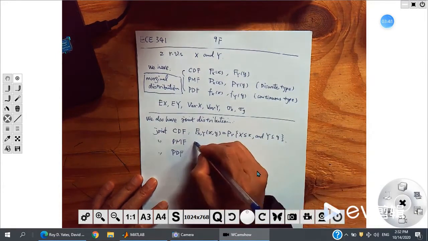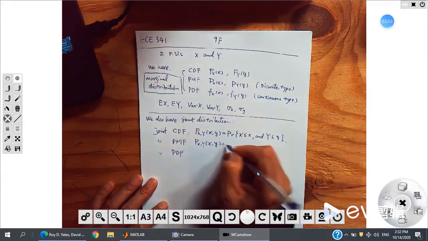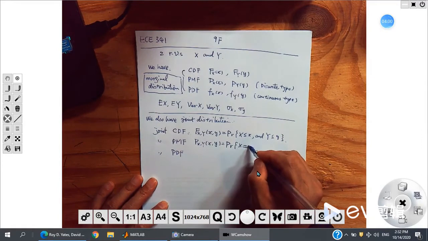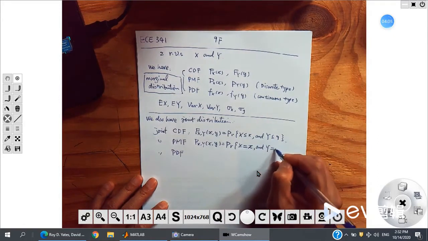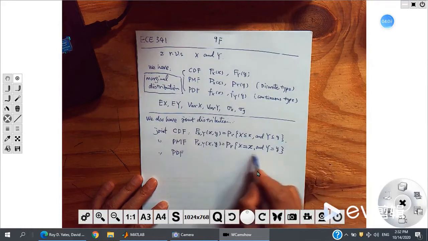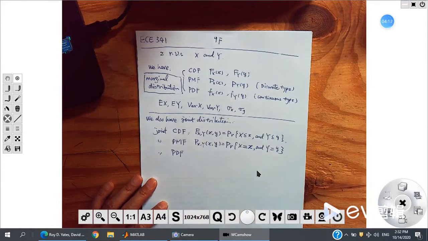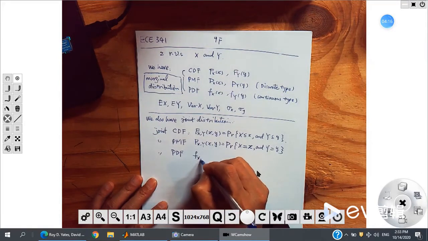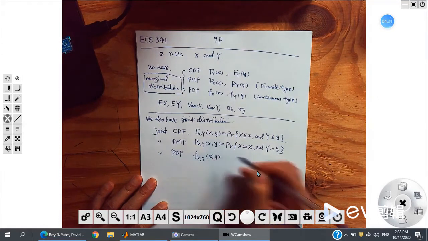And the PMF is similar to the CDF, just change the smaller than to equal. Smaller than or equal to, now it's just equal to. The probability gives us the value of this function p_XY. And then the PDF, denoted as lowercase f of x and y at value lowercase x, lowercase y.